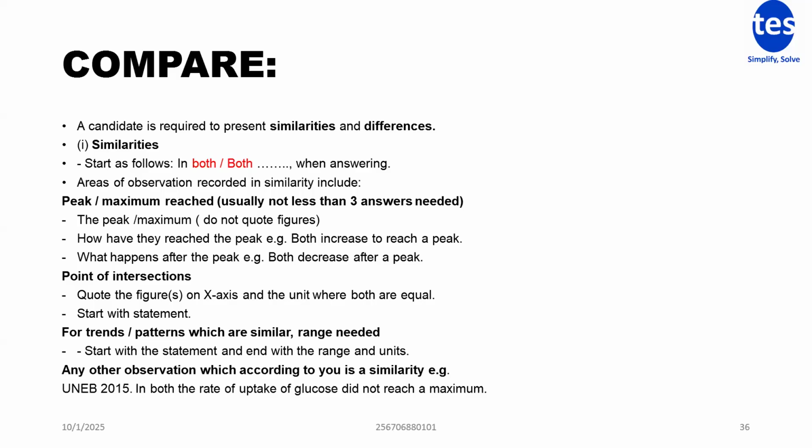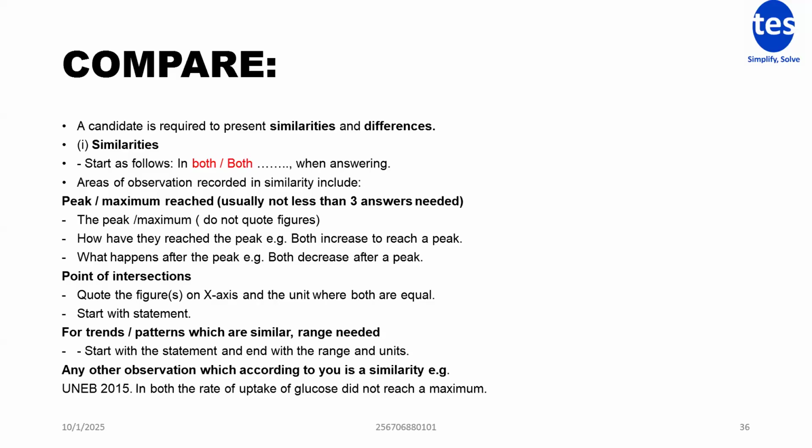Don't say that at 3 minutes, they have equal concentration. Rather, the word "both" doesn't work at the start, but you can still fit it in. You can say, for example, in both, they have the same concentration at the 10th minute.